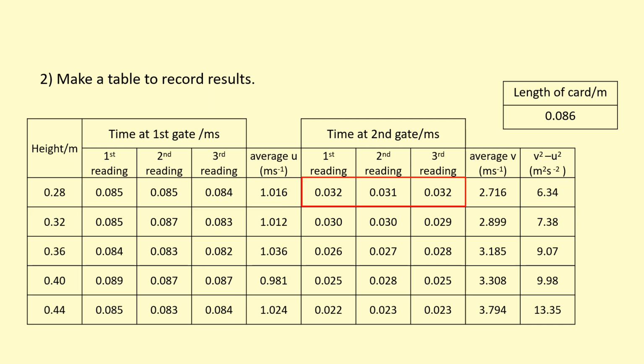Repeat this again for the final velocity, which is the time it takes to go through the second light gate and the length divided by that time, and that'll give you the final velocity. And as you can see, it's accelerated and is going faster at the second light gate. Finally, you can do v squared minus u squared and write that down as well, because you can use that to plot a graph later on.